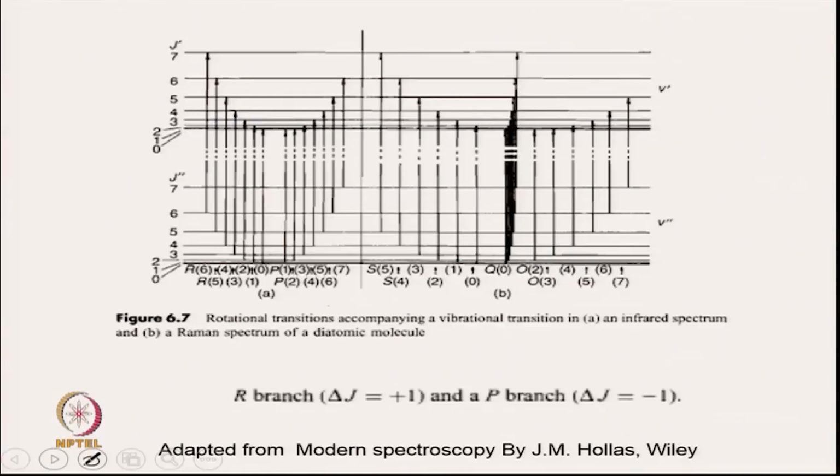You can see that here you are going from one vibrational level to another. These are two different vibrational levels, v' and v''. So, the transition is not between rotational levels of the same vibrational level, the transition is between different rotational levels of different vibrational levels.